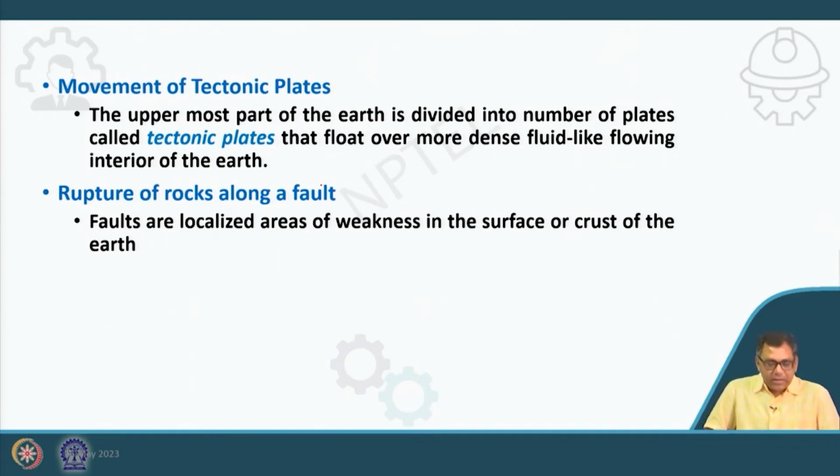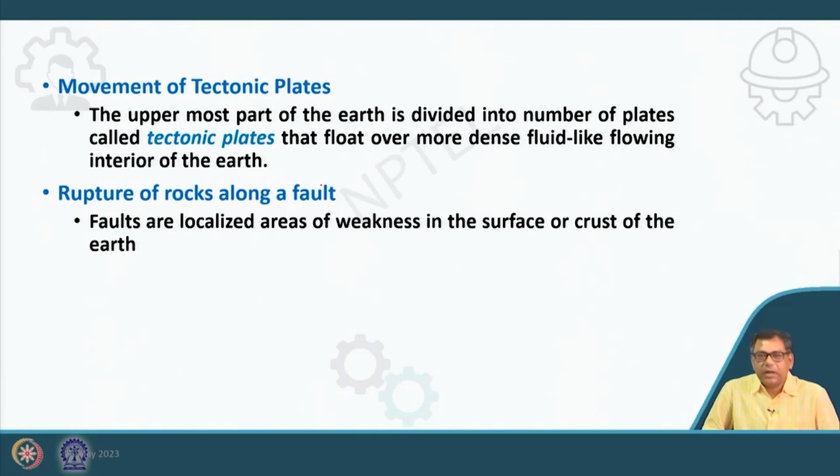Another cause, as I mentioned, is the fault. Faults are localized areas of weakness in the surface of the crust of the earth. That means when energy is accumulated, it is released along this weak zone.